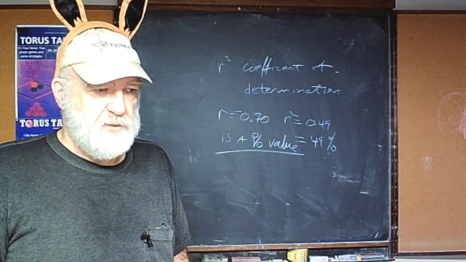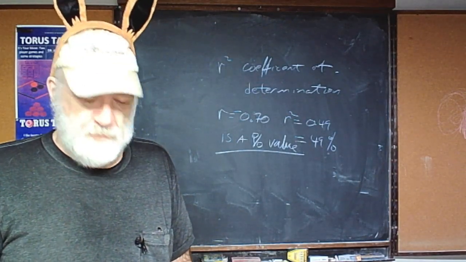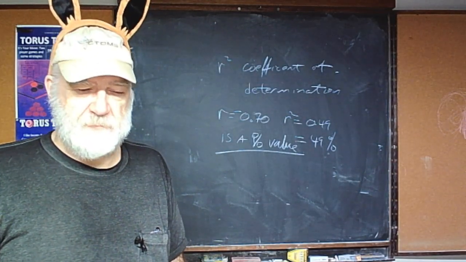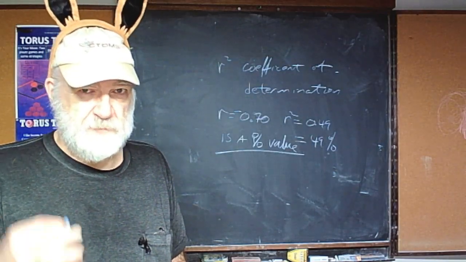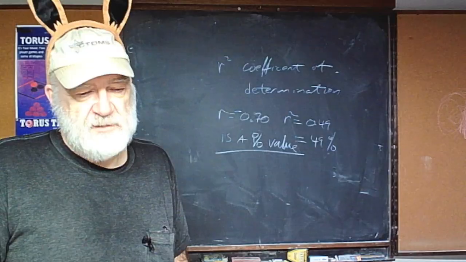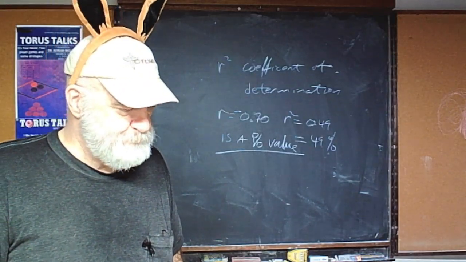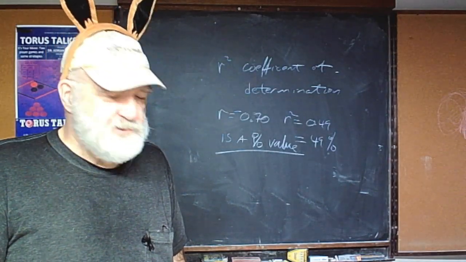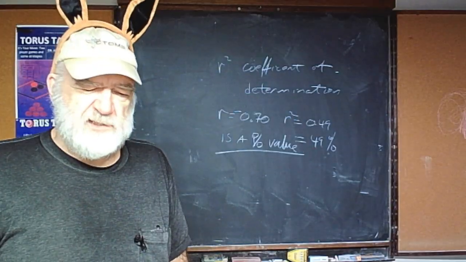The example that I always use is fuel economy in vehicles, and I'm basing this on an old study that I have stuck in my head. The r squared value for the study I'm thinking of comes out around 40%.